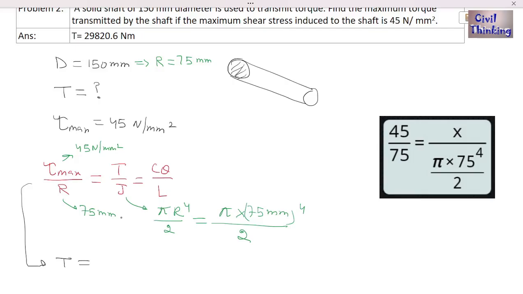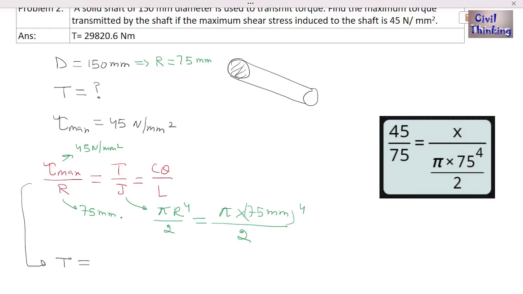Now T we have to find, so I will keep it like X divided by J. J is pi times 75 to the power 4 divided by 2.